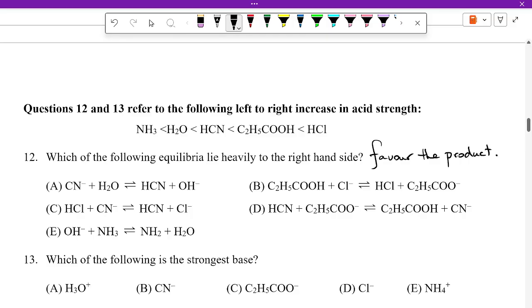So we want the stronger acid to be on the reactant side. Okay, so on the left.